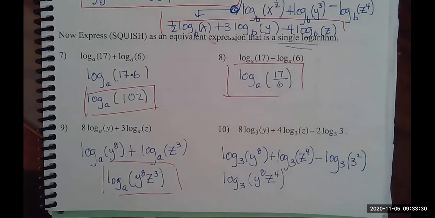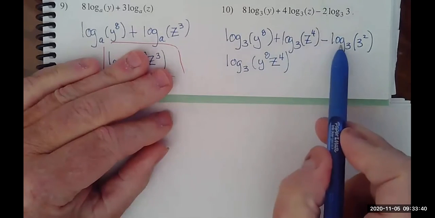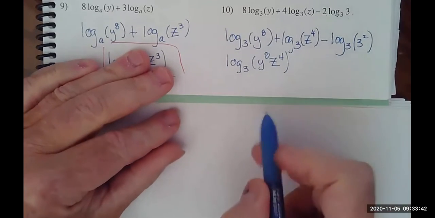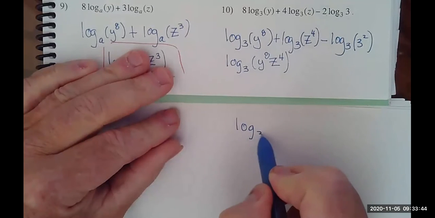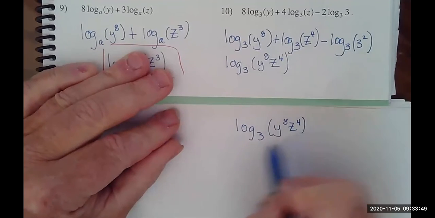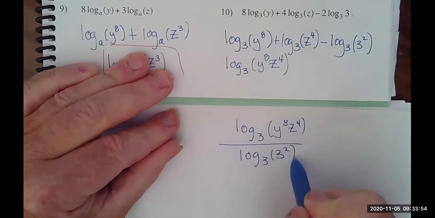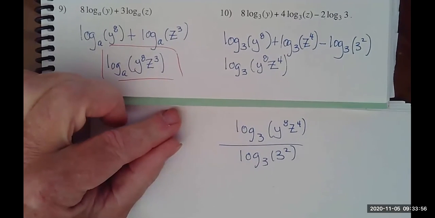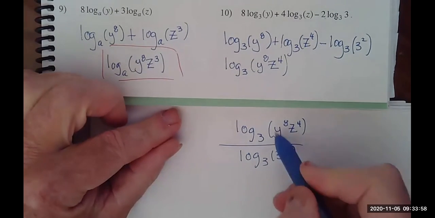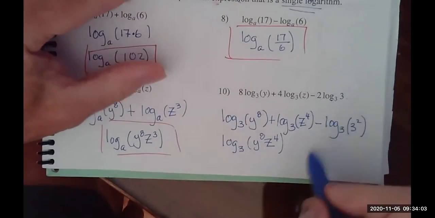This is not right. What I'm going to write right now is not right, but students will do this because they see this as a quotient, product quotient. They'll do log base 3 of y to the 8th, z to the 4th, all over log base 3 of 3 squared. That's not right. That's not a single logarithm. So I'm taking it in steps so you can see what the right answer is.